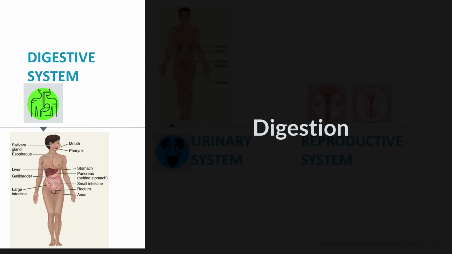The digestive system also helps in the absorption, or the passage of digested products from the GI tract into the blood and lymph. And lastly, the digestive system is also responsible for defecation, or the elimination of feces from the GI tract.